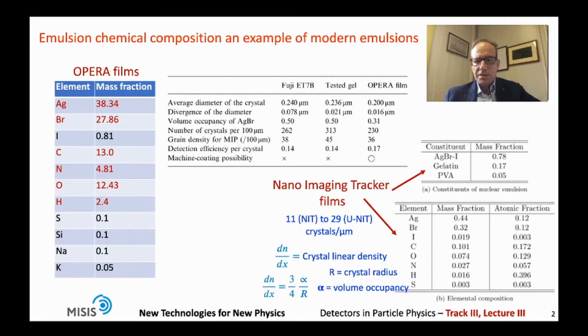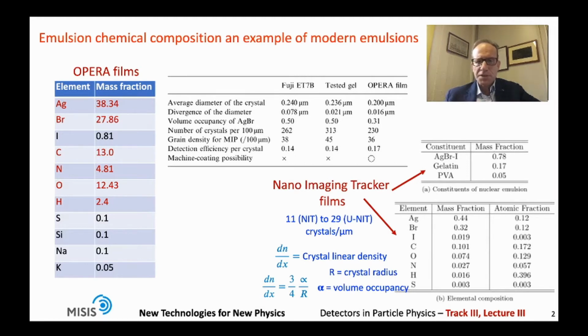And then in the center bottom part of this slide you see the typical definition of the linear density of crystals, and also how this linear density is related to the volume occupancy and crystal radius.